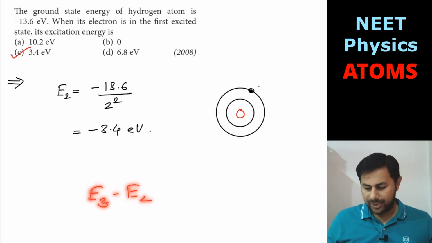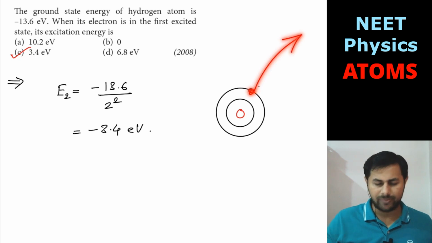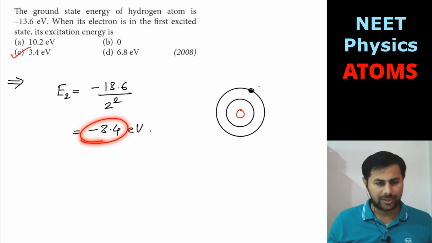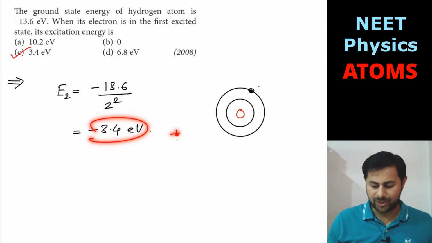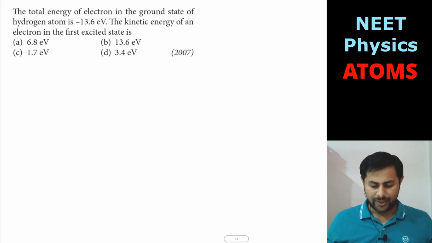But if they say just excitation energy, what does that mean? It means you want to make the electron free, so you want to create an ion of that atom, right? Whatever negative energy is here, just give that much energy so that the total energy would be equal to 0, and that means the electron is free. Okay, all right, let's see the next one.